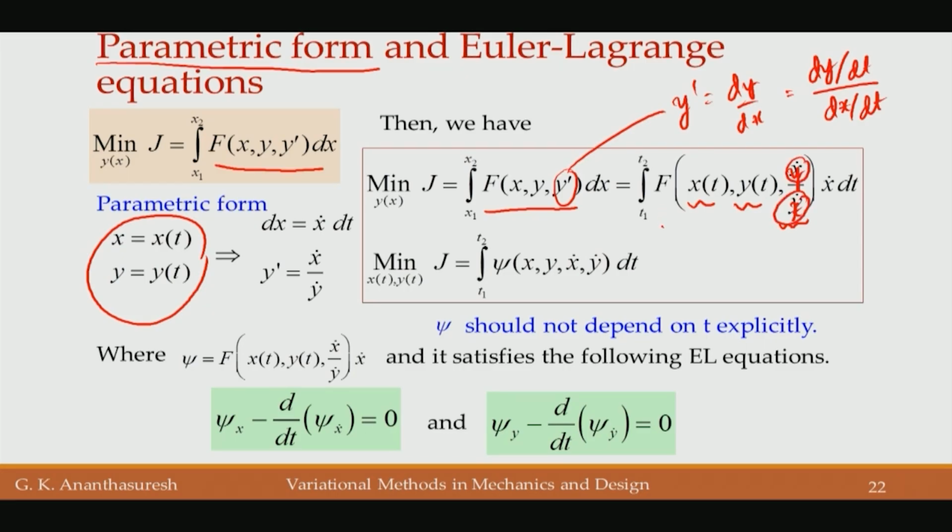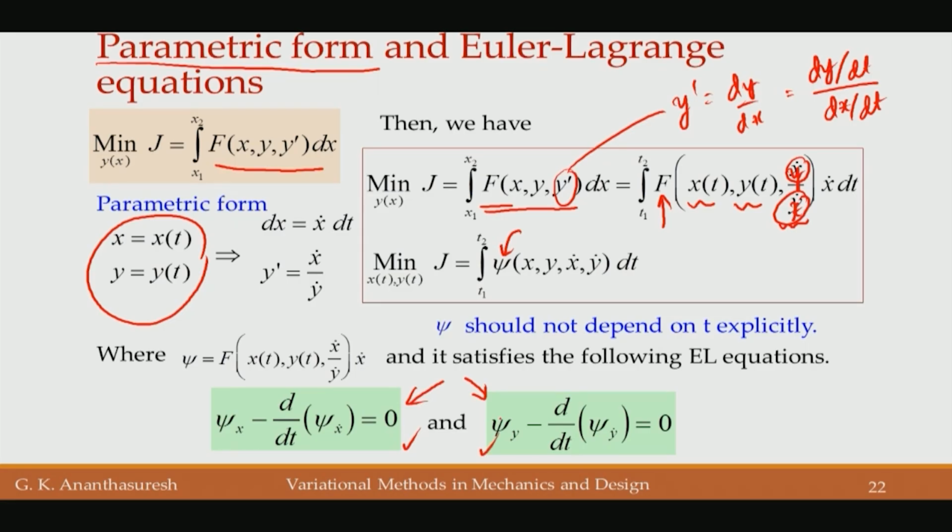Now, instead of that being f, it will be a different function, because when you substitute, expressions do change. You have a different expression, and on that we say that the Euler-Lagrange equations are satisfied. This can be proven or checked, not a major result. Whatever integrand f you have now converted to psi, that can solve these two equations.